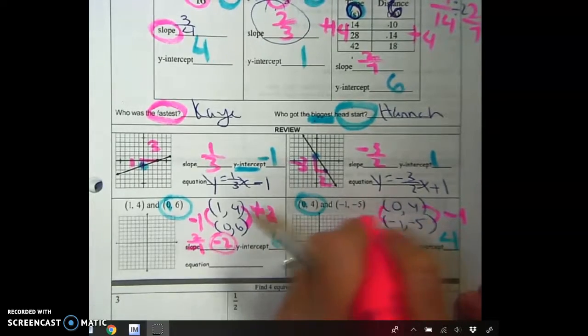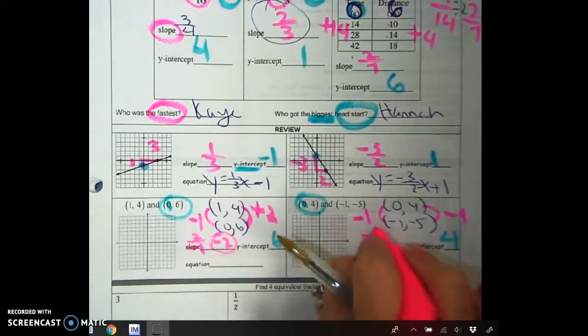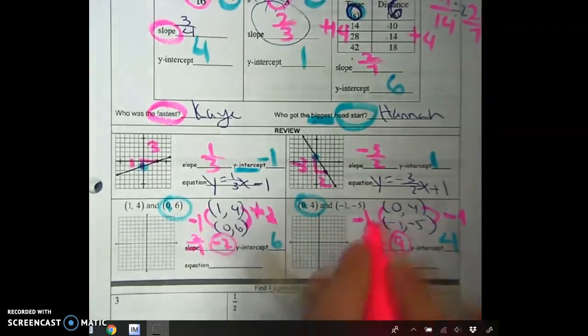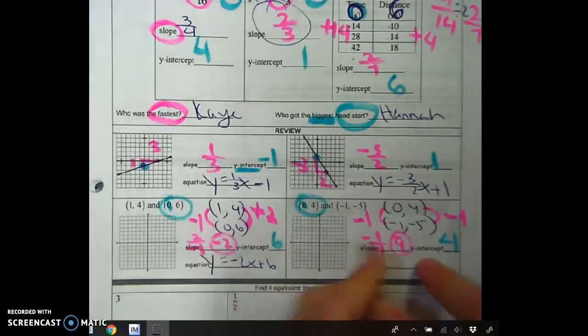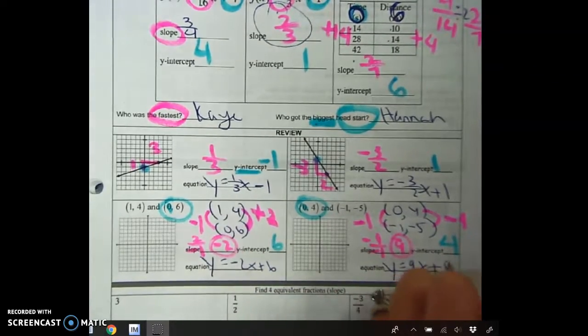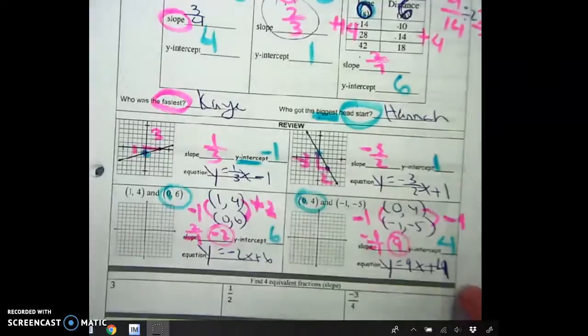Smaller by 9, smaller by 1. -9 over -1 is 9. Y equals -2x plus 6. Y equals 9x plus 4.